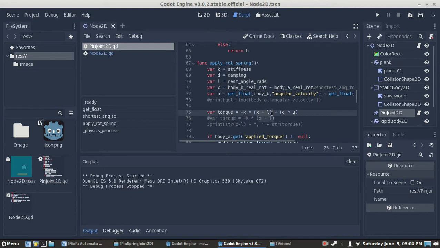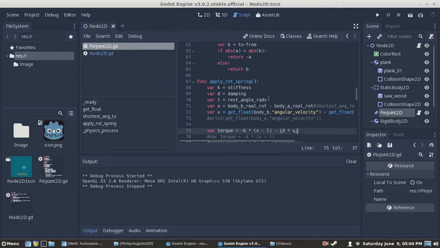So we get, what is the difference between the angles now, and how far away are we from the angle we're trying to get to. That tells us how much torque we should apply, and then we multiply that by an intensity and subtract the damping times.